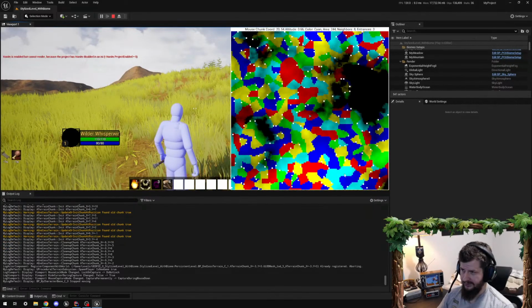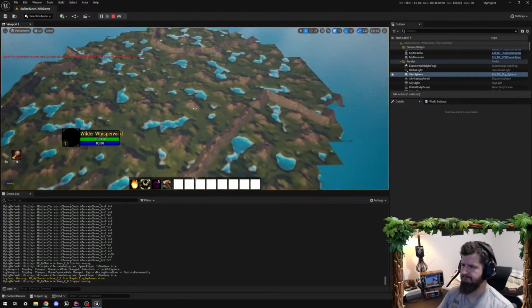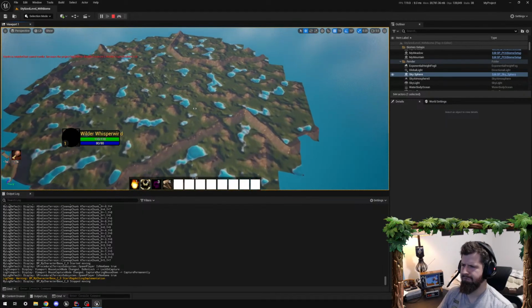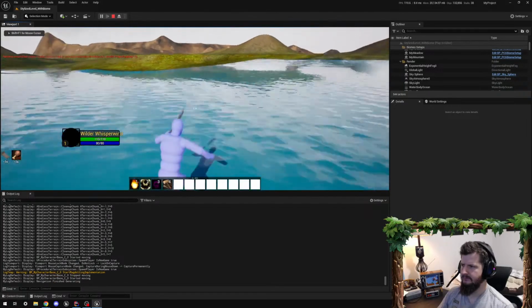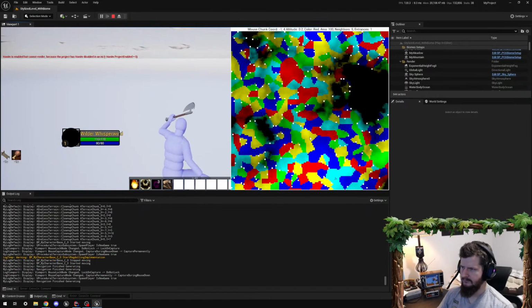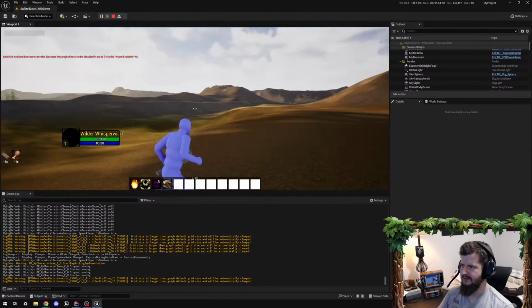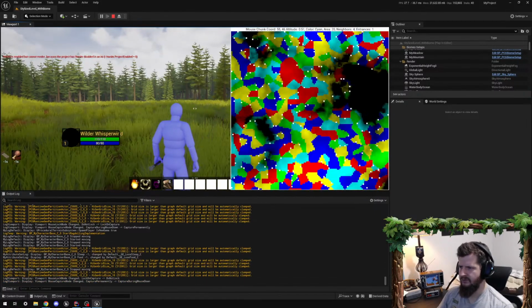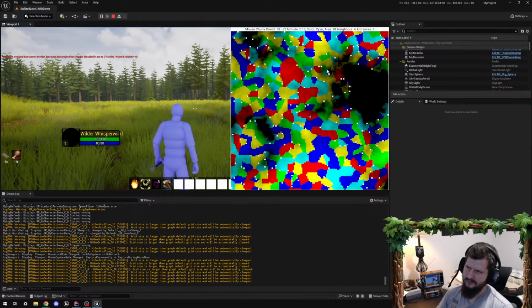I want to go over here to where it's really tall, because I think this was my highest area. Okay, interesting that it's all green. What happened? Is my material not calculating? So the way I lerp between different materials, let's go over here, is by finding the max height.